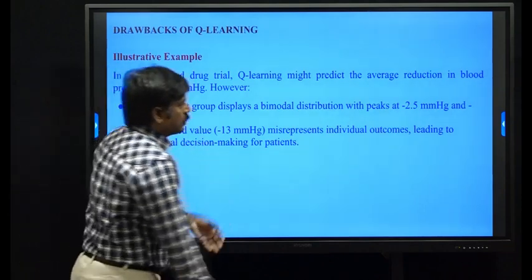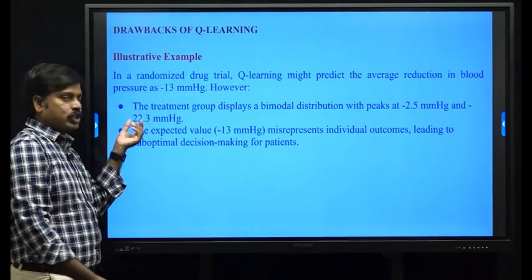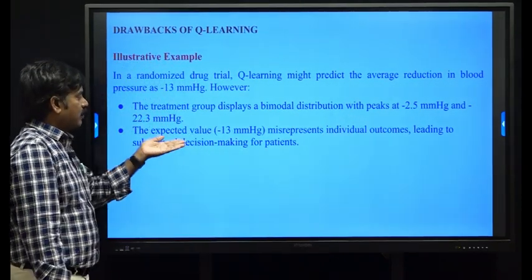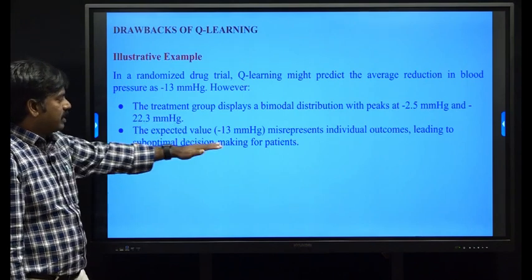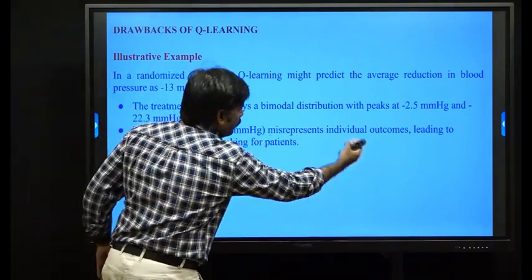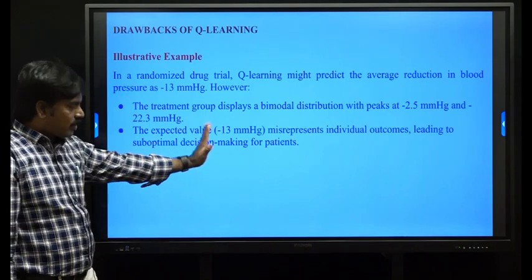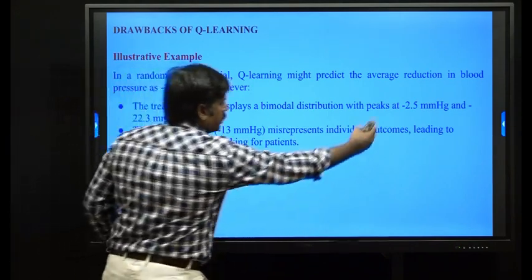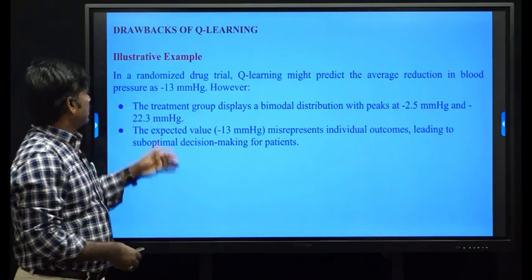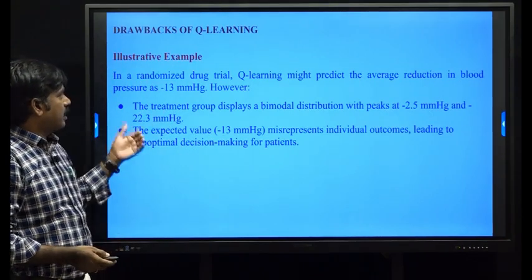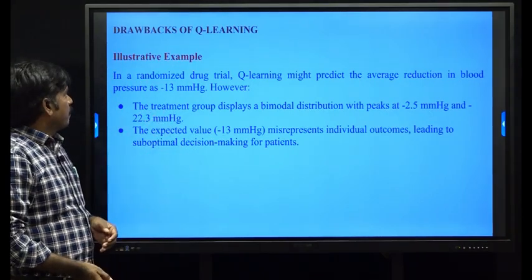The expected value, the average of these two, is minus 13 mmHg. This misrepresents the individual outcomes. This is one of the examples of the drawbacks of Q learning.